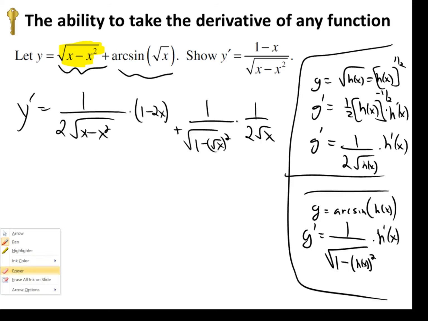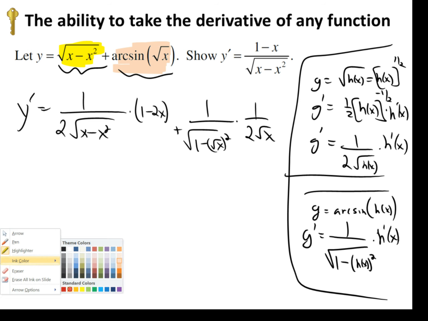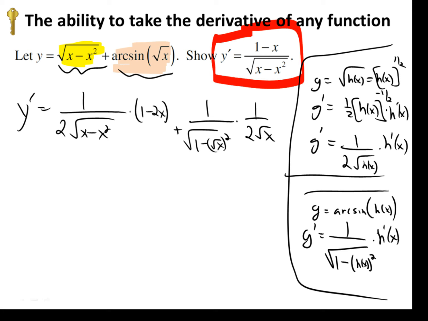Two functions, and then we took those two functions and we took their derivatives, and now it's our job to simplify. The calculus is over. Now it's our job to use algebra to make this simple as can be. Apparently, when we put these two parts together, we're supposed to end up with exactly what they have here. Doesn't look promising.